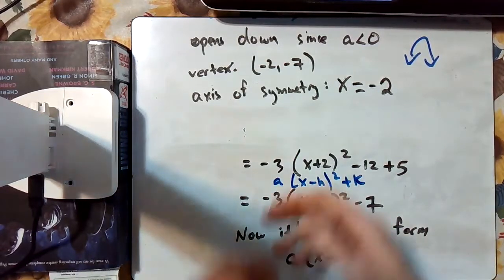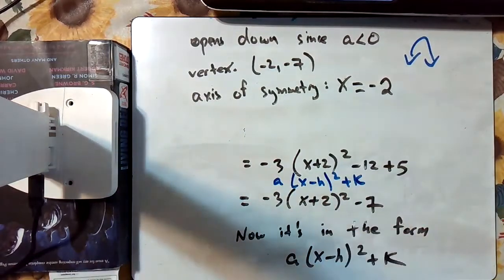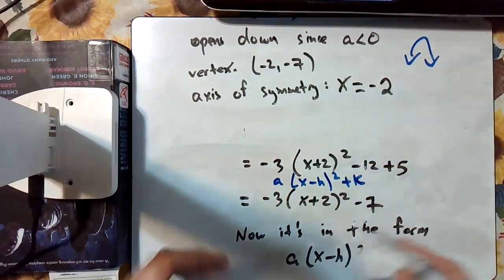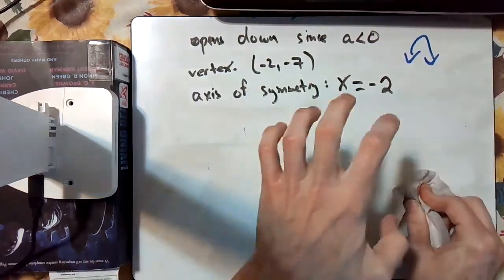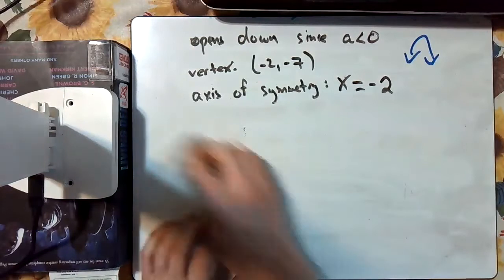So now let's say they don't want us to convert it into this crazy form, and they leave it in the previous form that we just had. And again, remember, pause this if you need to, and go back and rewatch it.